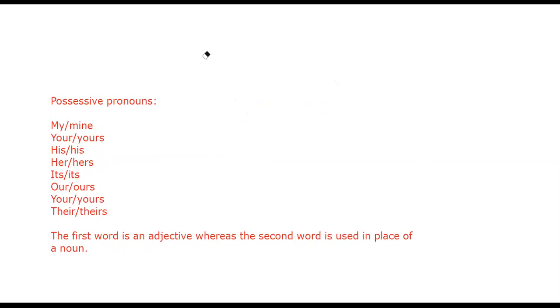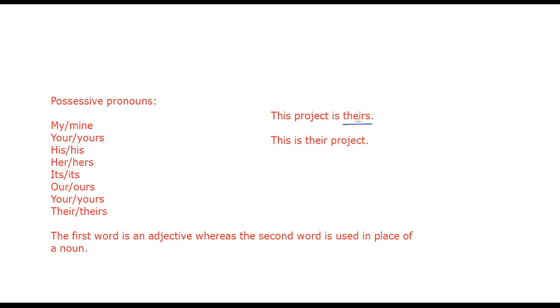Okay. And again, the same logic goes for all the other possessive pronouns. So for theirs, you could say, this project is theirs, or this is their project. So either of these works. So here we have a possessive pronoun acting as a noun, as a replacement, or renaming the noun.